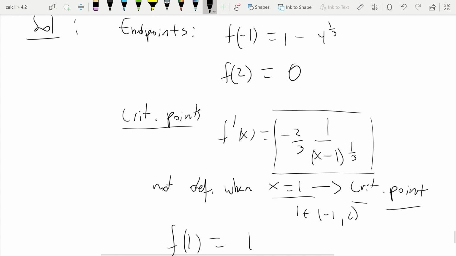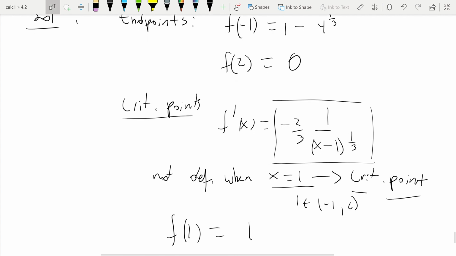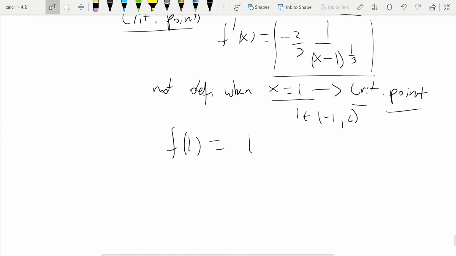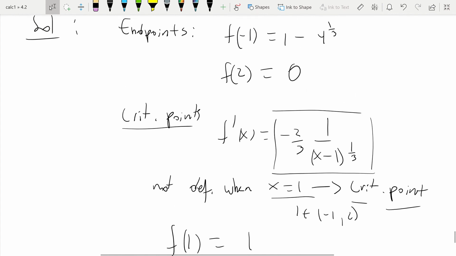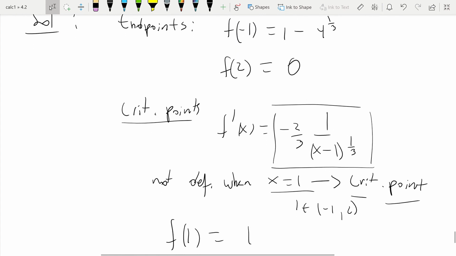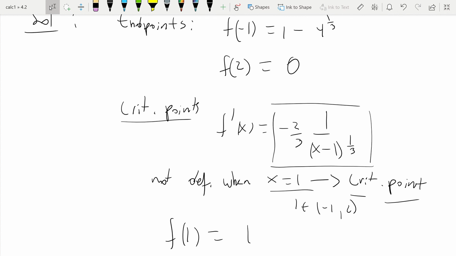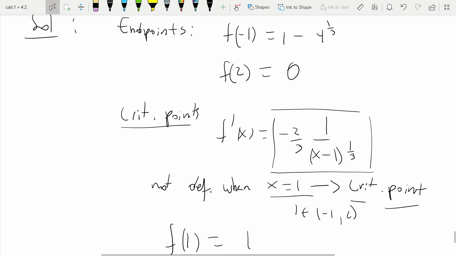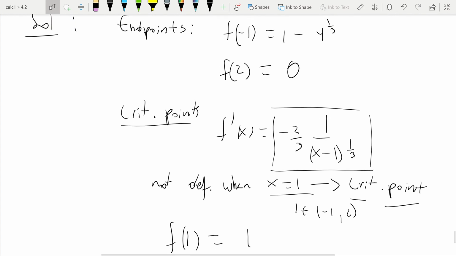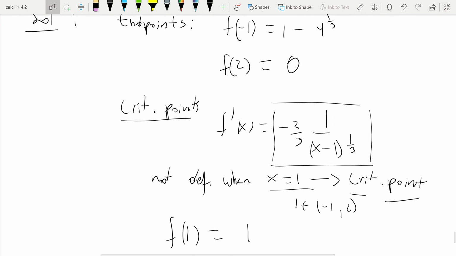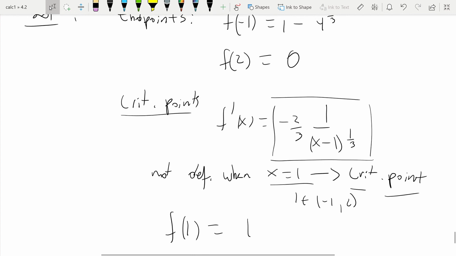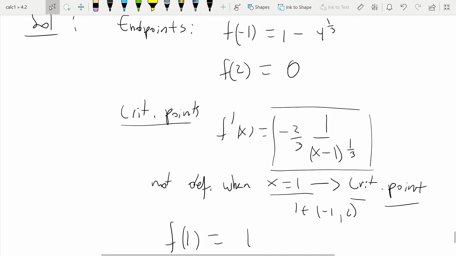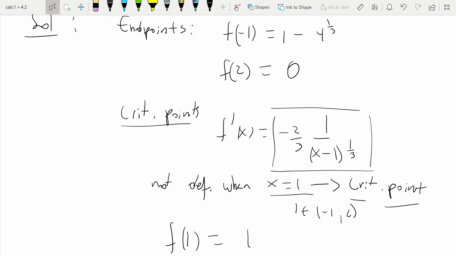Okay, so we need to compare now the three values, and clearly f of 1, which is 1, is greater than 0, and is greater than 1 minus 4 to the 1/3. 4 to the 1/3 is greater than 1 for sure, so 1 is the largest value.